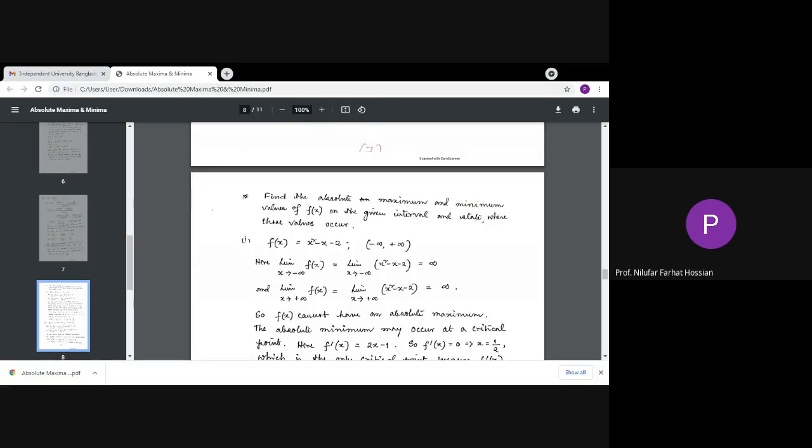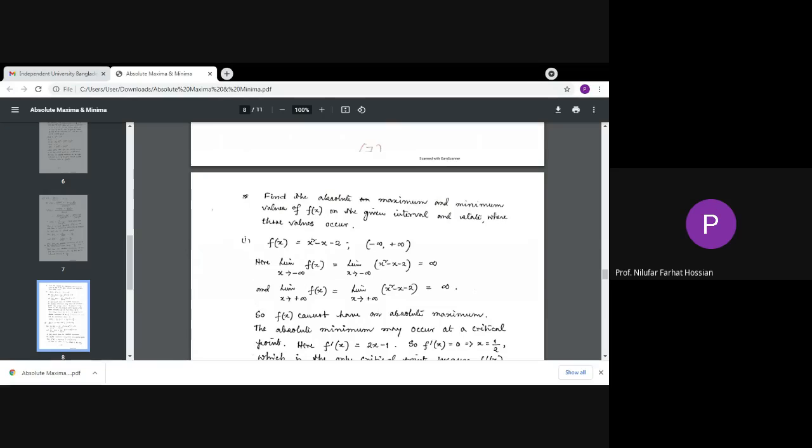So what you see here, when x tends towards -infinity in the left side, the value becomes +infinity. So the figure will be like this. It goes up when x tends towards negative infinity, and when x tends towards positive infinity, again it is going upwards up to +infinity.